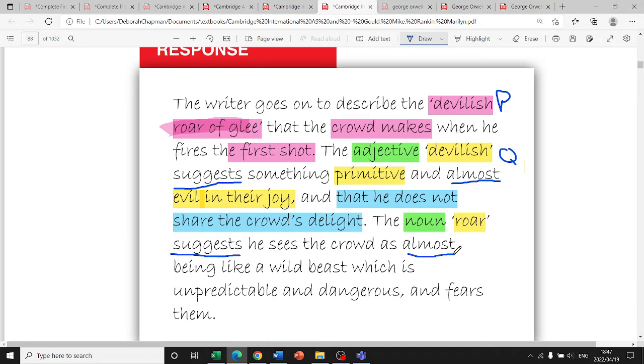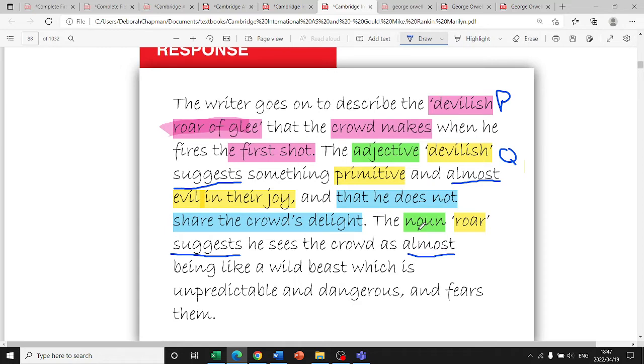Now you guys are going to be far more creative, but this is a really nice way to ensure that you have a very balanced, very focused way of looking at your piece of text because you've practiced this enough. You know how this works. The noun raw suggests, and identifying the noun is going to get you lots of bonus points.